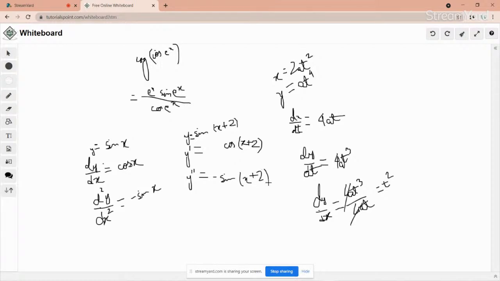Okay, another if we take y is equal to, suppose, log x.